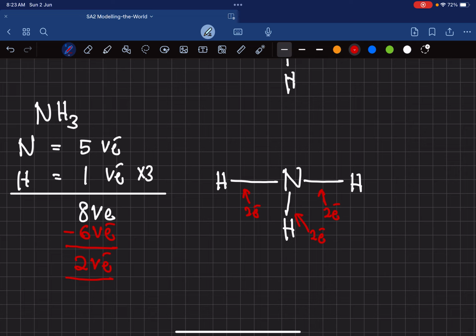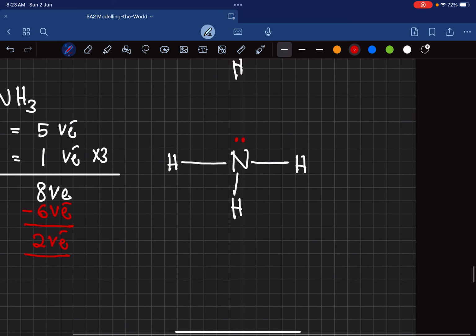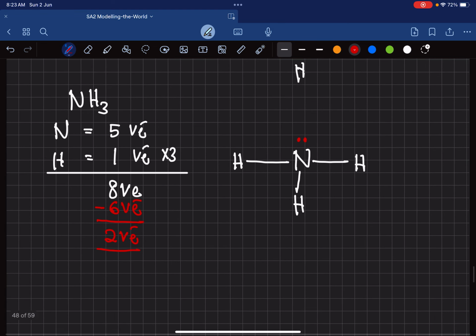So what I will do is put these 2 valence electrons onto the central atom, which is nitrogen. Now, when I put it on the central atom, I have an option: I can either put it as two dots, or I can put it as a line like this.